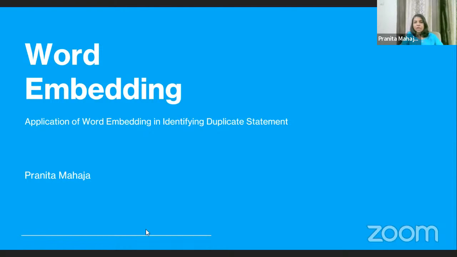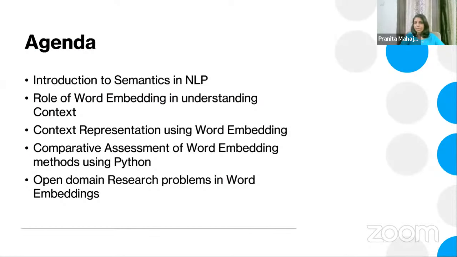My agenda for today's discussion: I'll introduce you to semantics in NLP, and why we need to deal with semantics. What is the role of word embeddings in understanding the context? Whenever I'm talking in natural language text, it is very important to understand the context.